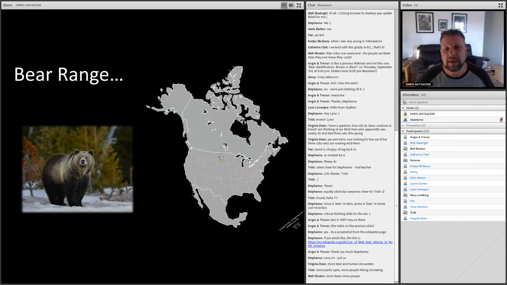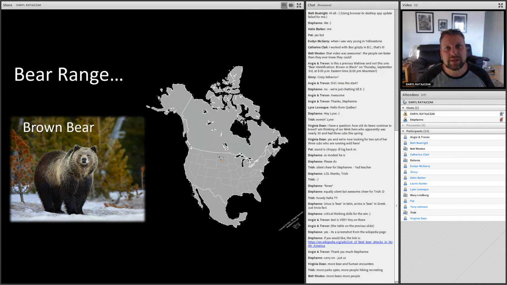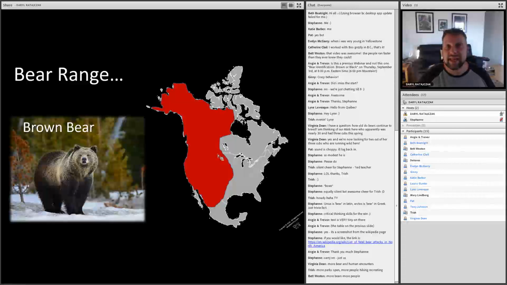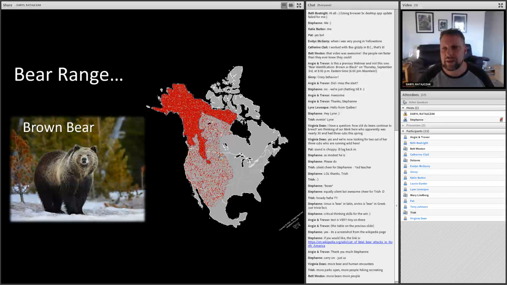So what's it look like for the brown bear? Well, it's a little bit different story because right off the bat, they were not found all over North America. They're primarily a Western type of species on this continent. But once again, we didn't live well with them, unfortunately, and we reduced their range tremendously. And so this is where brown bears are found.